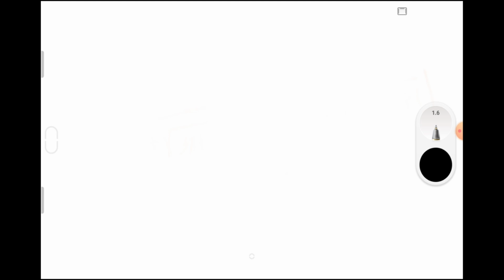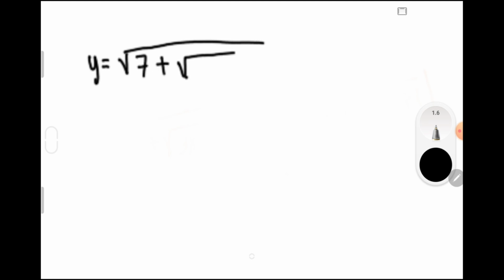Okay. So, let's have our example number 10, which is y equals square root of 7 plus square root of 3x plus 1.